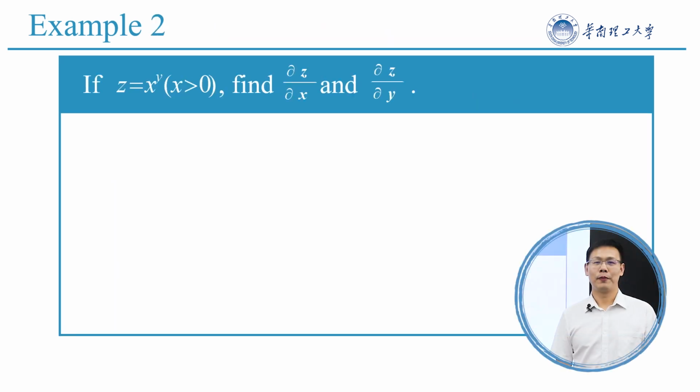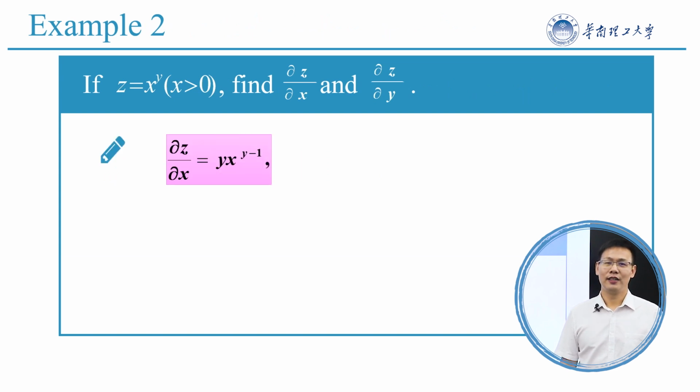Example 2. If z equals x to the power y, find the two partial derivatives of z with respect to x and y. Taking y as constant, the function is regarded as a power function.